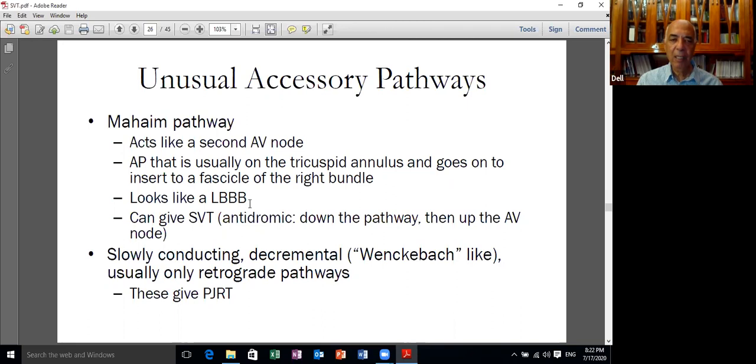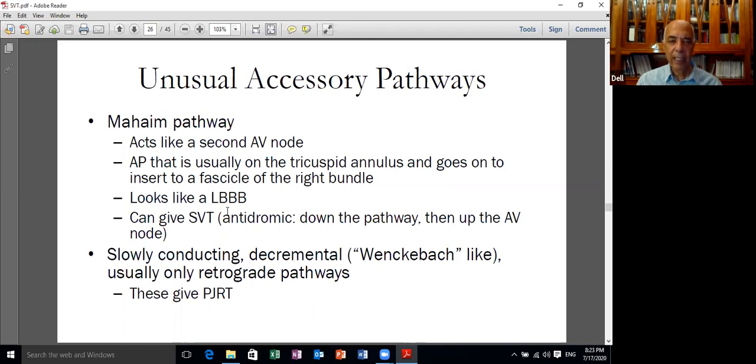So if you find a wide QRS tachycardia, taking the morphology of left bundle branch block and a left axis deviation, think of Mahaim in addition to other things. So obviously the treatment for this condition will be ablation of the Mahaim pathway. Now don't mistake it for ventricular tachycardia.